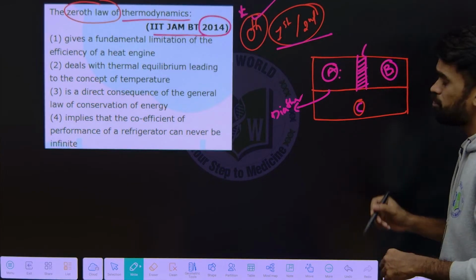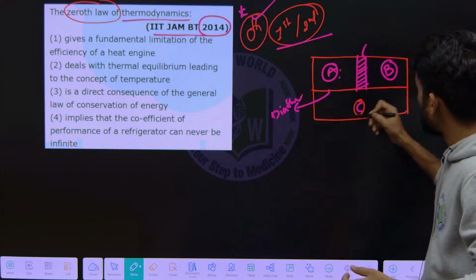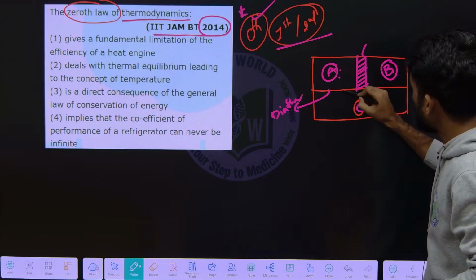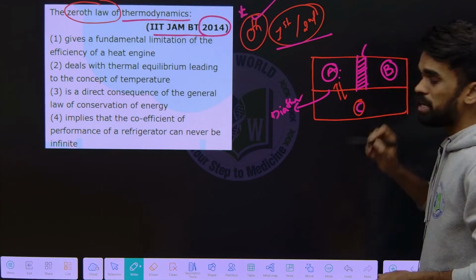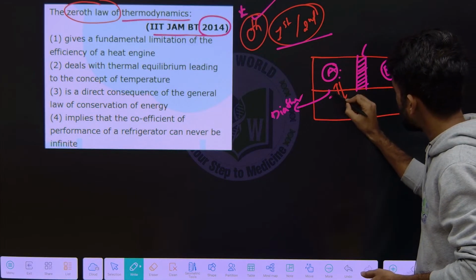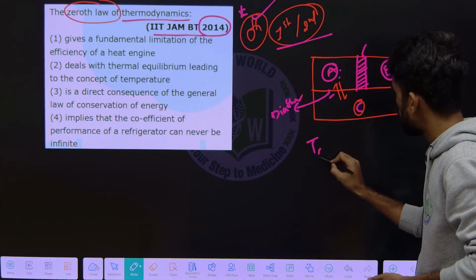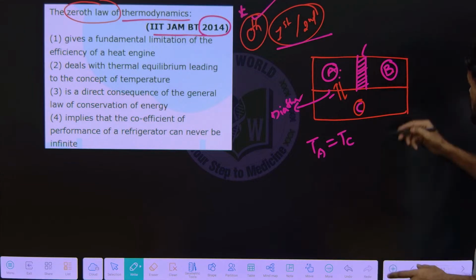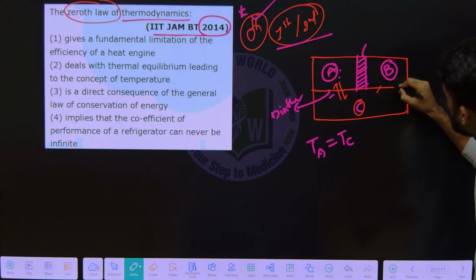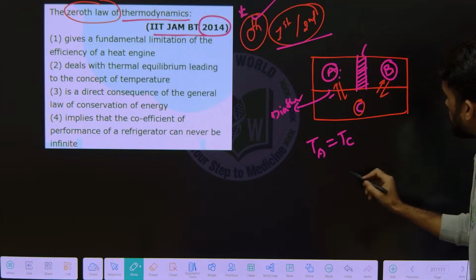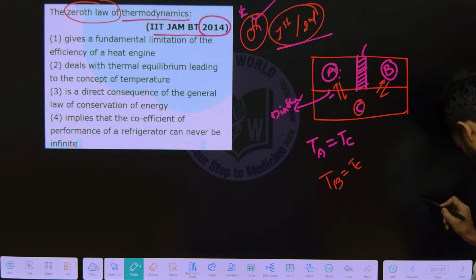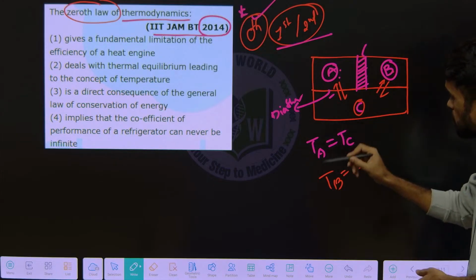Now, if there is any temperature difference between system C and A, there is a transfer of heat. It means these 2 are in thermal equilibrium. So I can say TA, the temperature of A, equals the temperature of C. Similarly, systems B and C are also in thermal equilibrium, so TB and TC are equal.